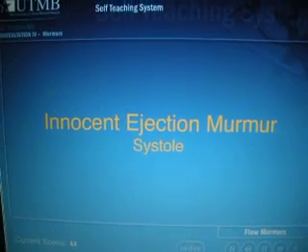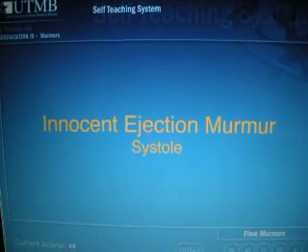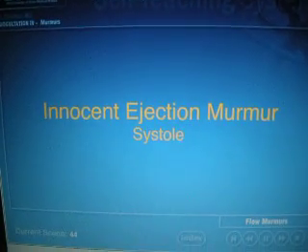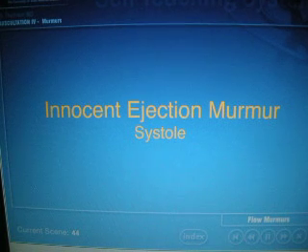An innocent ejection murmur occurs in many normal people whose aortic or pulmonic valve ring is slightly small or whose initial systolic blood flow is greater than usual.